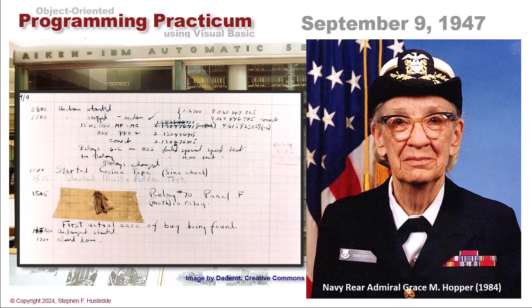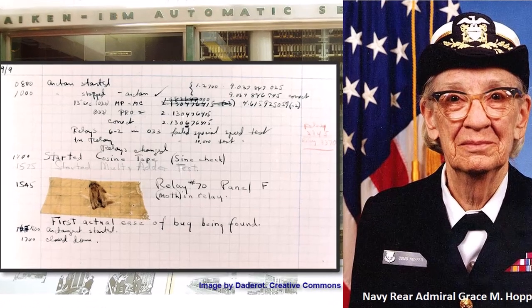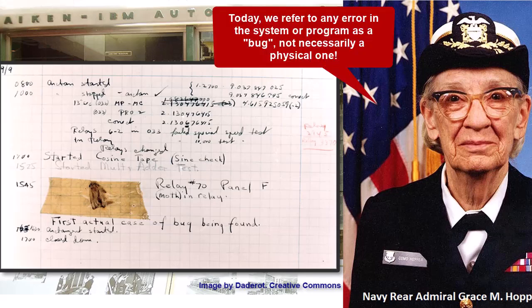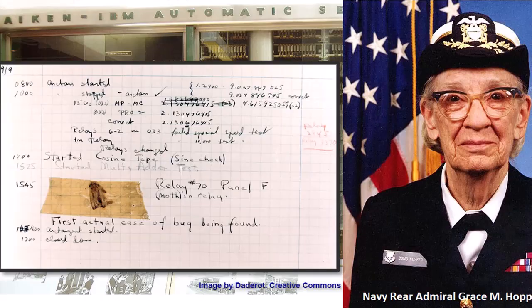And she actually taped the moth into her logbook. And what she wrote here was the first actual case of a bug being found. That was where that term bug came from in terms of working with computer and computer systems, and removing it became debugging. So we owe that to Rear Admiral Grace Hopper.